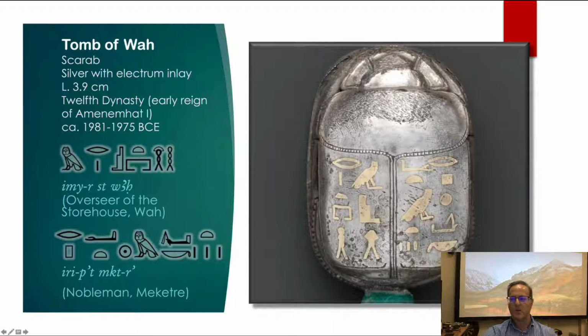And this one is important because it tells us who this person is. The inscription says, overseer of the storehouse, Wa. And it lists his boss's name, the nobleman Meket Re. And it's inlaid here with electrum. So this serves to mark his identity.